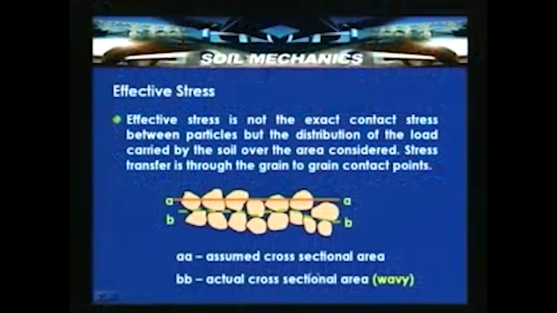BB is the actual cross sectional area, which is wavy. While determining the stress at a particular depth, BB is approximated as AA, and we determine an average stress acting at grain to grain levels. At grain to grain levels, the actual stresses are very, very high.